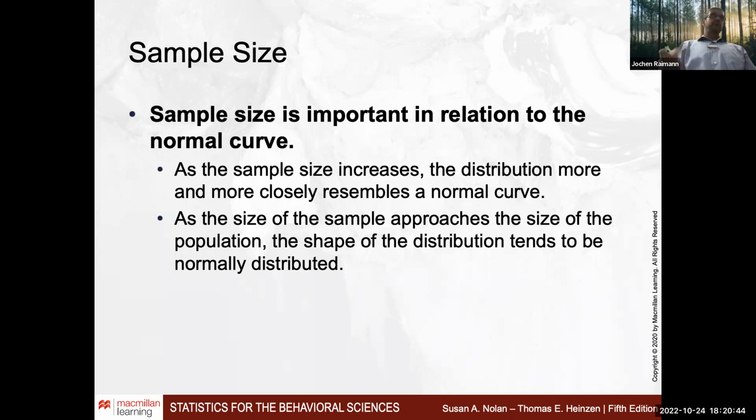So when I say you get away with using parametric tests after 30, it doesn't necessarily mean it's really normally distributed, but you can assume it is to an extent that is acceptable. As the size of the sample approaches the size of the population, the shape of the distribution tends to be, quote unquote, more normally distributed.